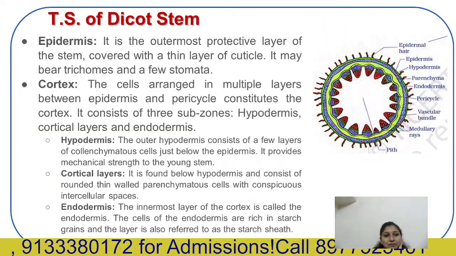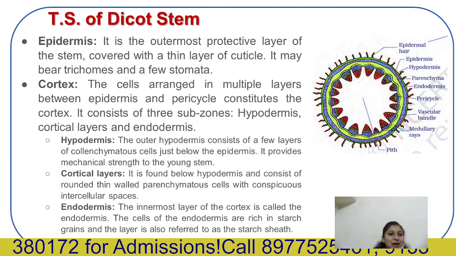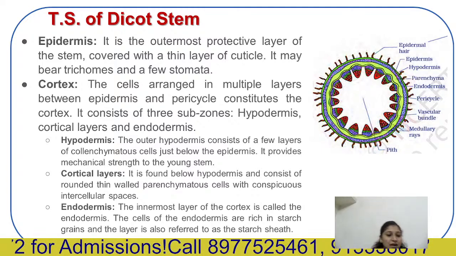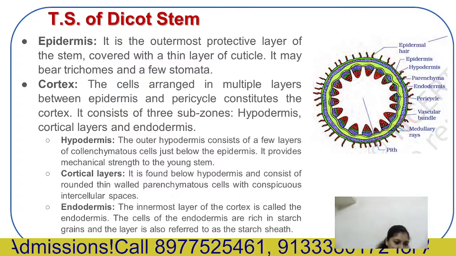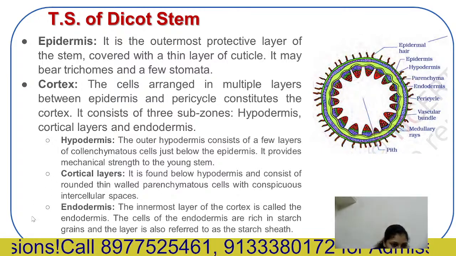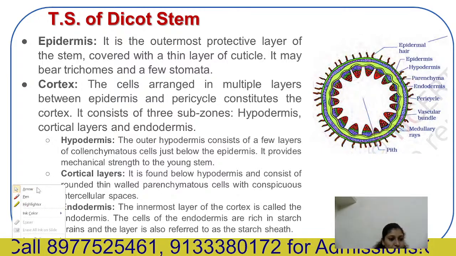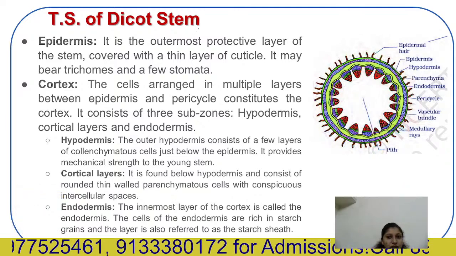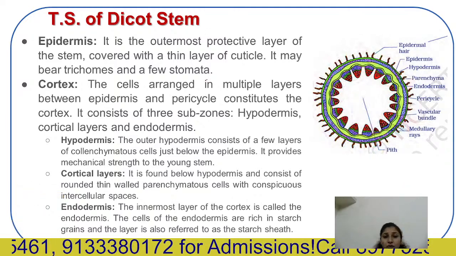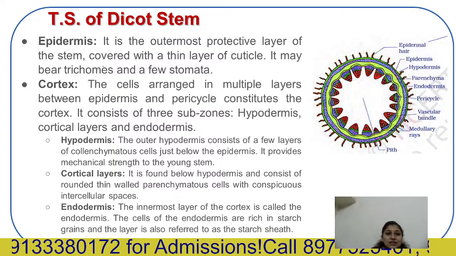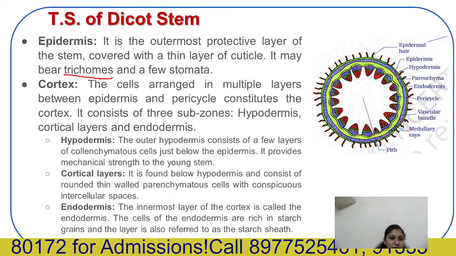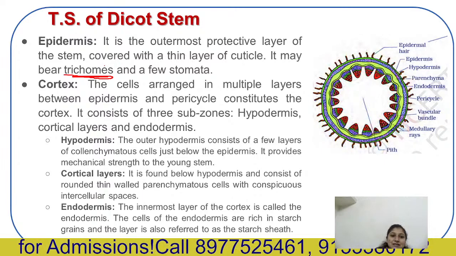Then dicot stem. In case of dicot stem, epidermis layer, and there is presence of cuticle layer in it. And if they protrude into the hair, they form trichome. The trichome, they are multicellular. Okay, they bear trichome which are multicellular.